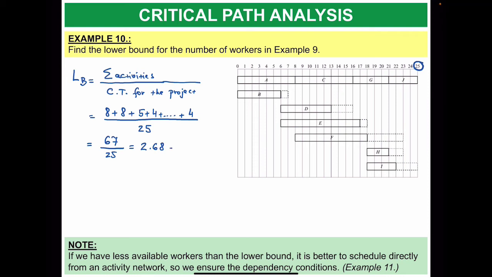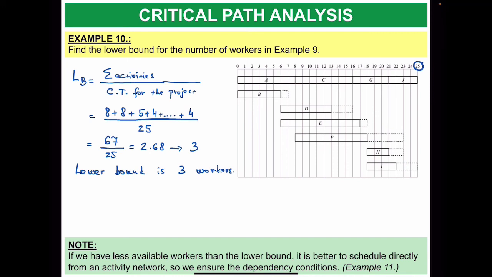You always round this number up, so the lower bound for this project is 3 people or 3 workers. Now, what that means is that it's impossible to complete the project in the critical time, in 25 days or 25 hours, using fewer than 3 workers.